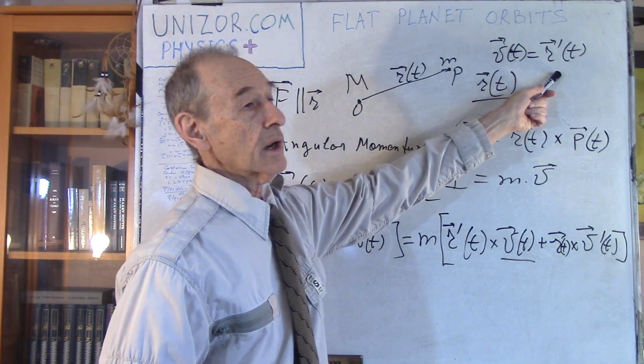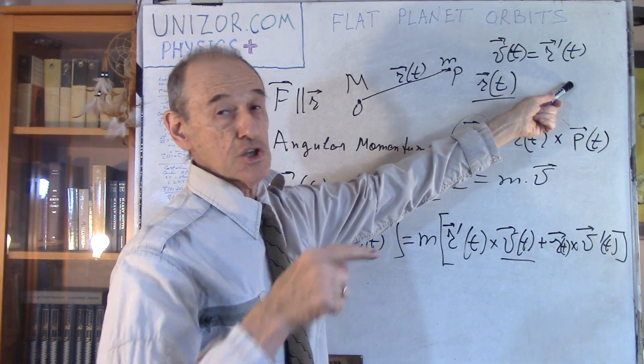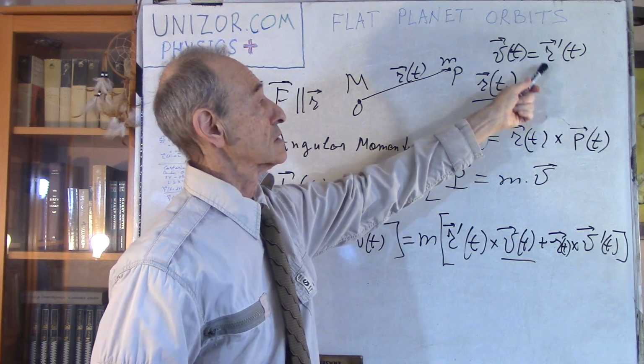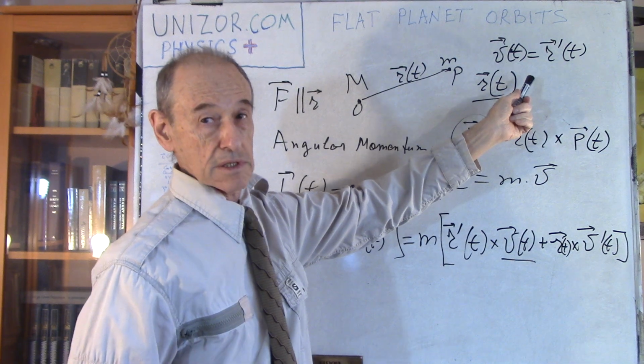So r is a three-dimensional vector, and you have a derivative by each coordinate as a function of t, x, y, and z. And v is also a vector with x, y, and z coordinates.